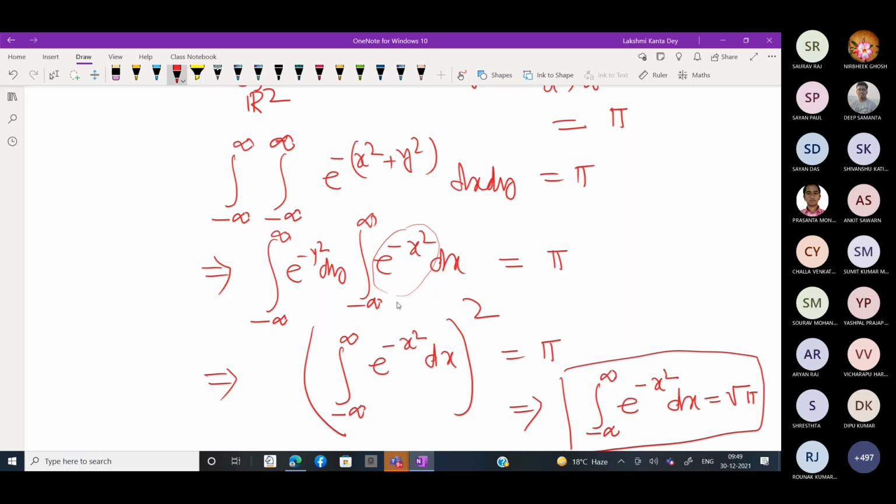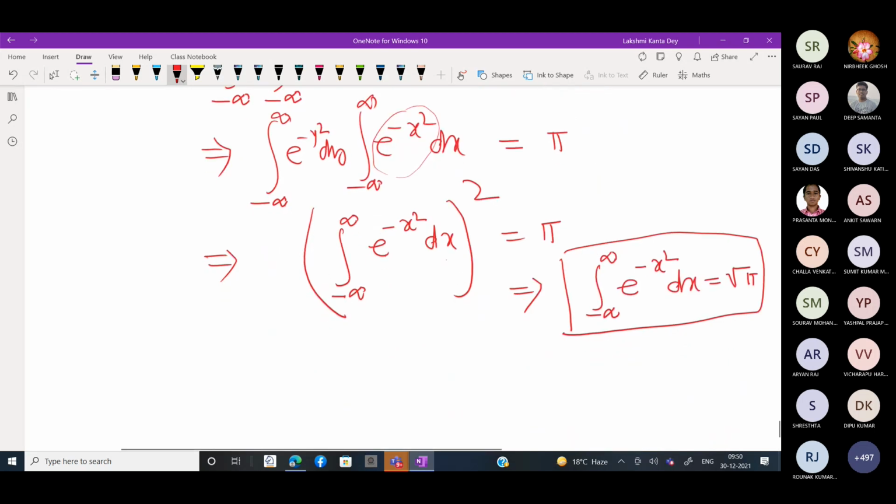So you see the symmetry in the integrand function, that you can change x to y and y to x, so there is no issue. So ultimately this is 2 times, the integral from minus infinity to infinity of e to the power minus x square dx, its whole square is equal to pi. The right hand side we calculate, so this part is square root of pi. Okay, done.